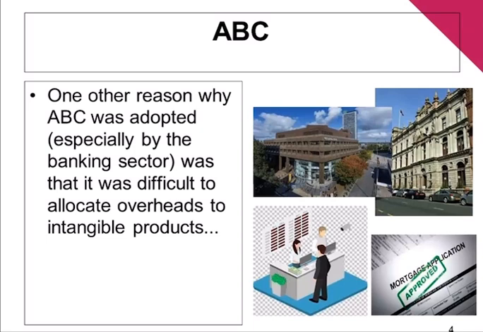What I mean by intangible is you can't really touch a mortgage, as you can see at the bottom. I hope one day you're all able to have a mortgage and afford your own place. In essence it's just a piece of paper with a certain amount of money lent to you to buy a house.